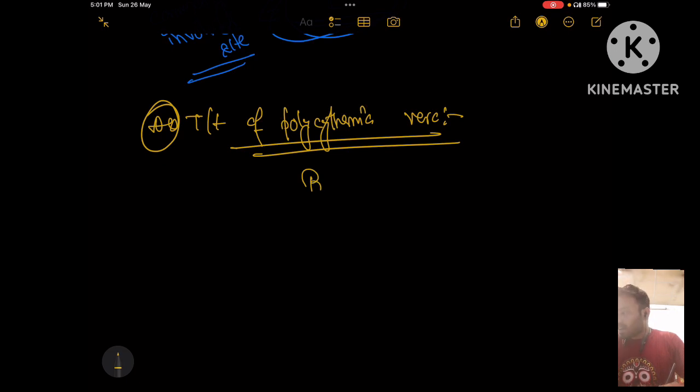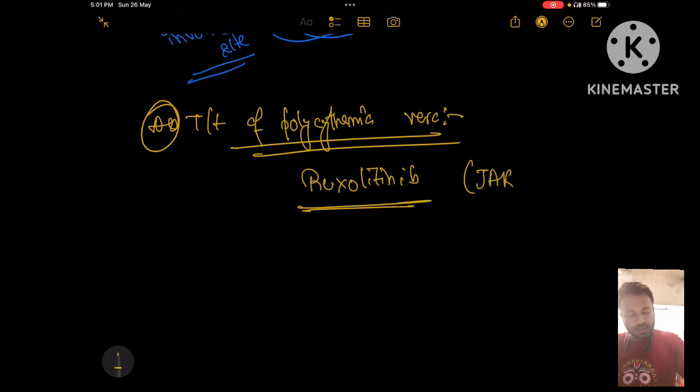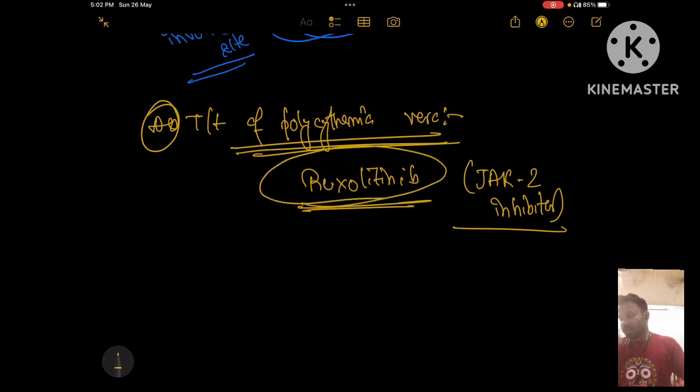Sorry, ruxolitinib, a JAK2 inhibitor. So the treatment of polycythemia vera is the JAK2 inhibitor ruxolitinib.